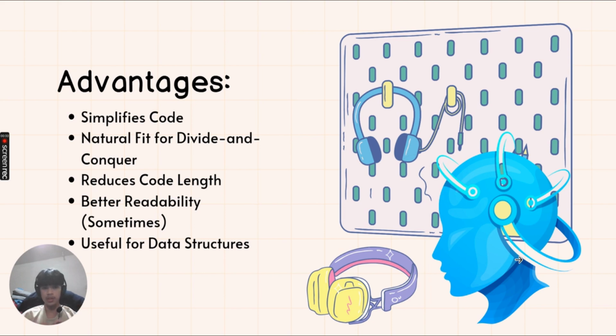Next is reduces code length, eliminating the need for complex loop structures. Next, better readability, easy to understand logic for problems that have a recursive nature. Last advantage is useful for data structures, helps in handling recursive data structures like trees and graphs.